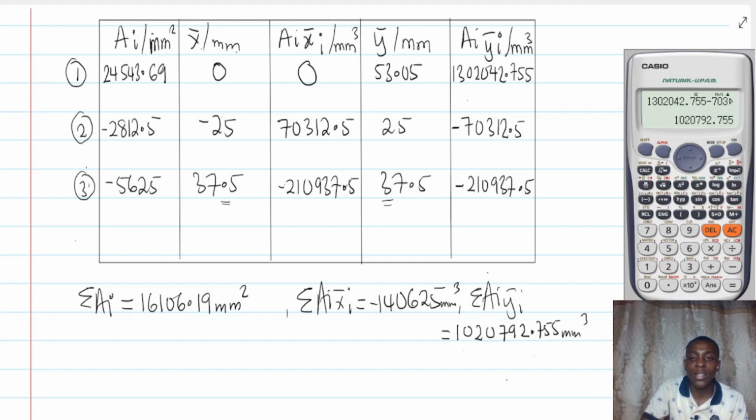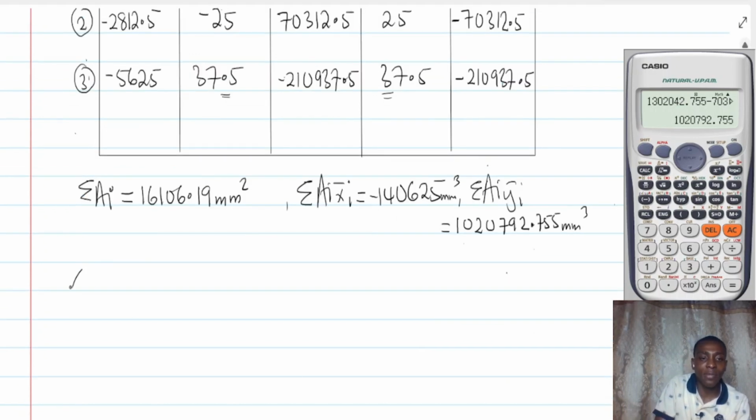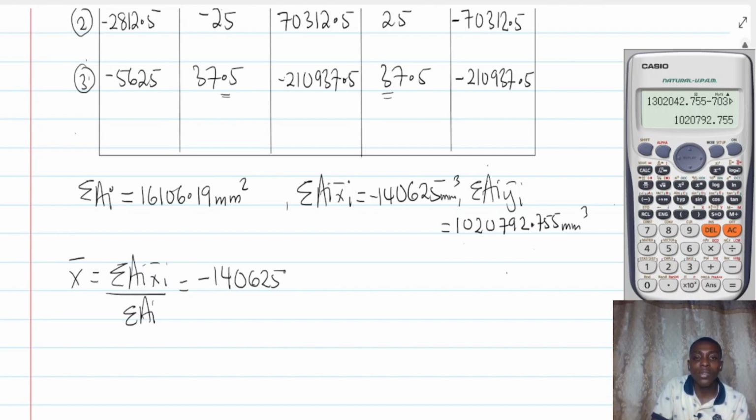At this juncture, we are good to go. We just have to divide. So to get x bar, it's going to be summation A_i x bar_i divided by summation A_i, which is what? Minus 140625 all divided by 16106.19.